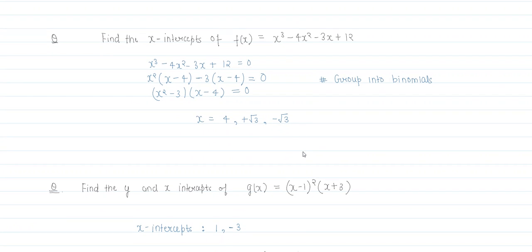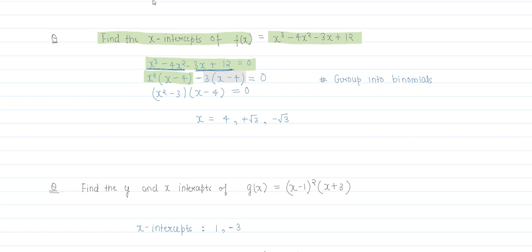Let us look at this example here: x^3 minus 4x^2 minus 3x plus 12. The first step is to set the function to 0. Then we take two binomials and start to factorize them. We write x^3 minus 4x^2, take the common x^2, and group this, and we also group the other two terms.